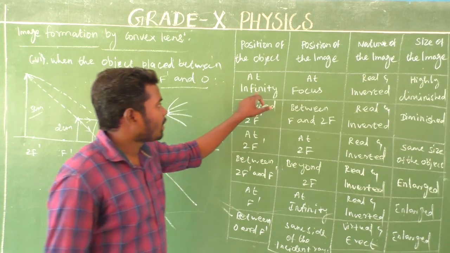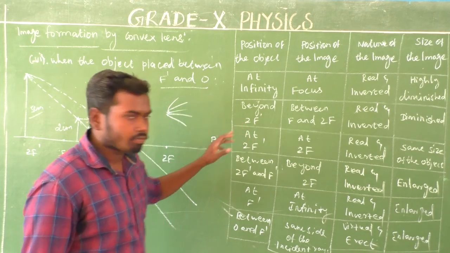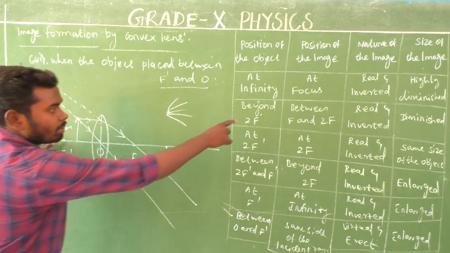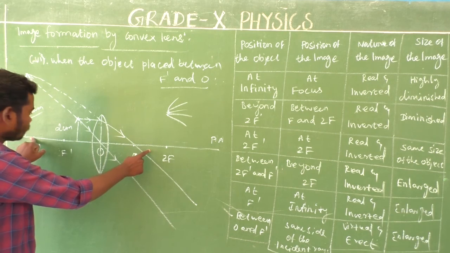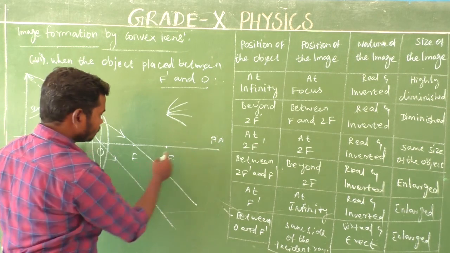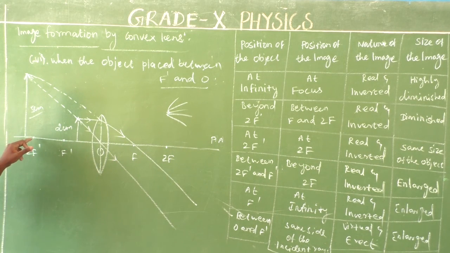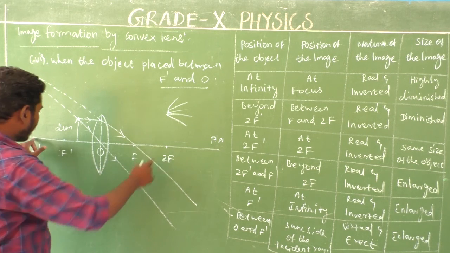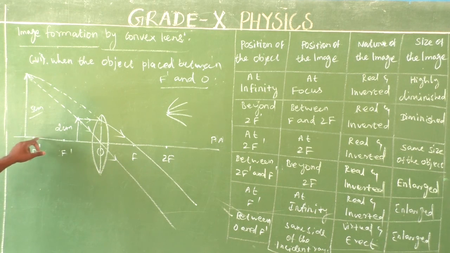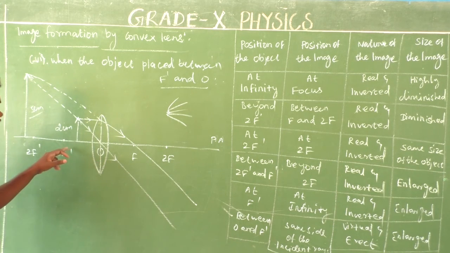For example, if you place the object at infinity, the image is formed at focus. Then if you place it at 2F', the image is formed between F and 2F. If the object is placed between 2F' and F, the image is formed at 2F. If the object is placed at 2F', the image is formed even at 2F. If the object is placed between 2F' and F', the image is formed beyond 2F'. Am I right? Next, if the object is placed at focus, the image is formed at infinity.